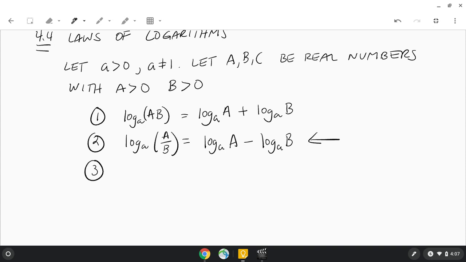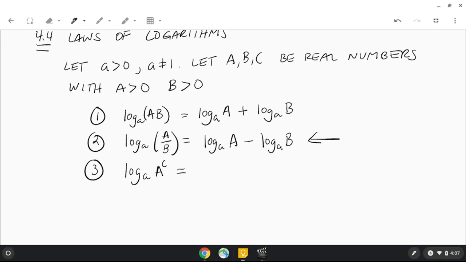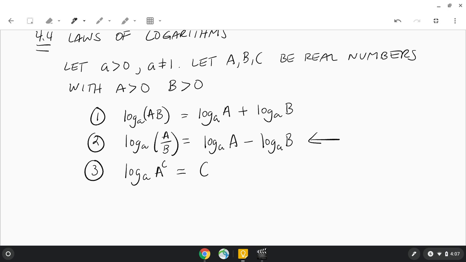This last property states that if you have the log of a raised to some exponent, the log of a to the power of c, you can rewrite this by bringing that exponent down to the front and taking the log of just a.